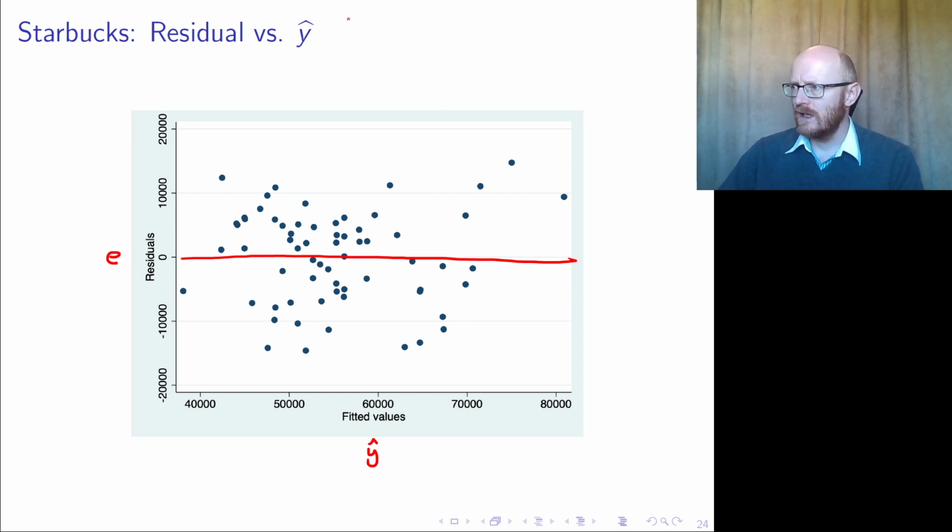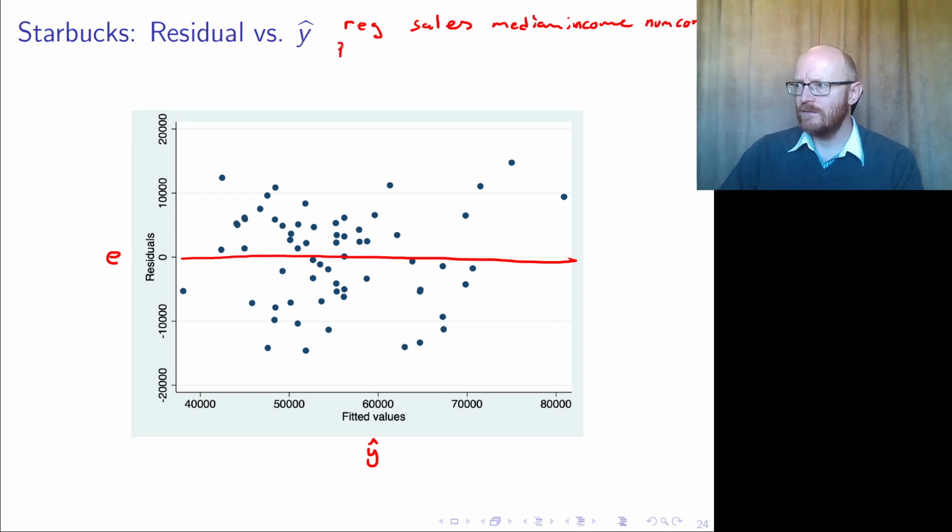Okay, so here you just regress sales on median income and number of competitors.